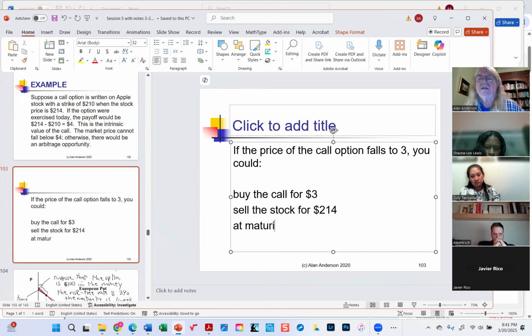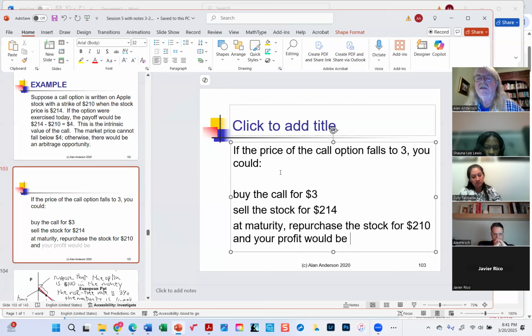At maturity, repurchase the stock for 210. And your profit would be $1. So in other words, that would just put guaranteed money in my pocket.